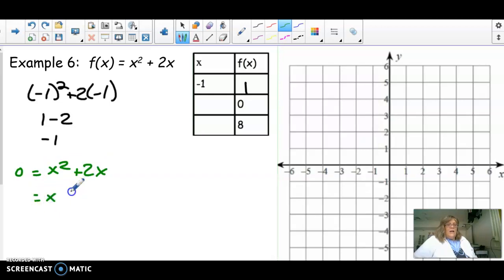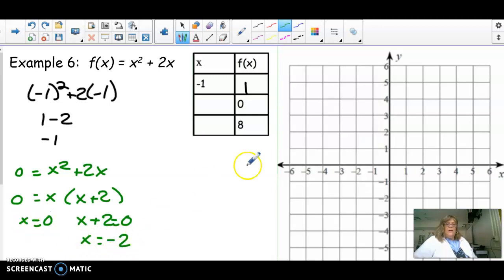I take out an x and I have x plus 2 left. Set each one of them equal to 0 and solve. So I get x is equal to 0 and negative 2. So I have two answers for x. I can have a 0 or I can have a negative 2.